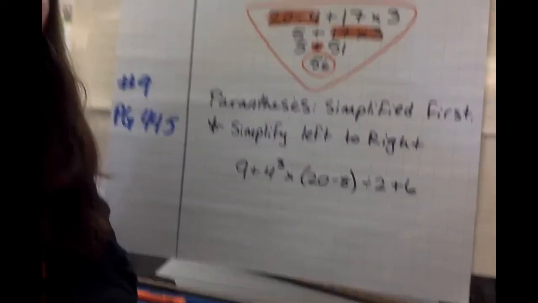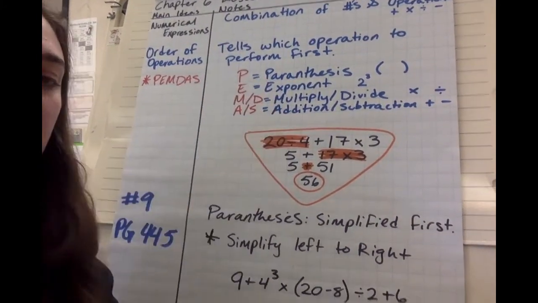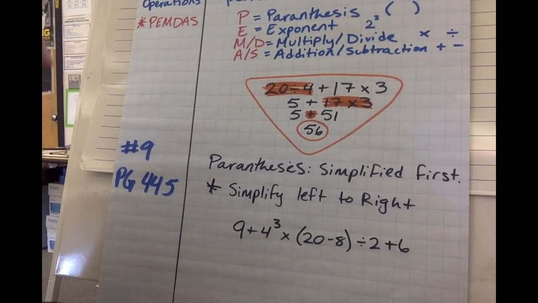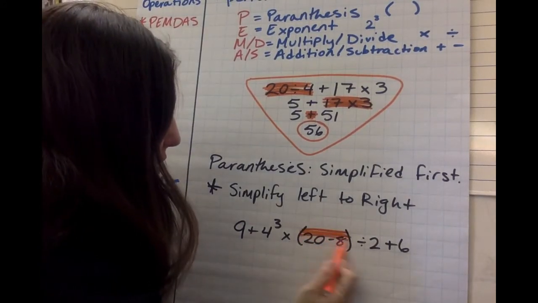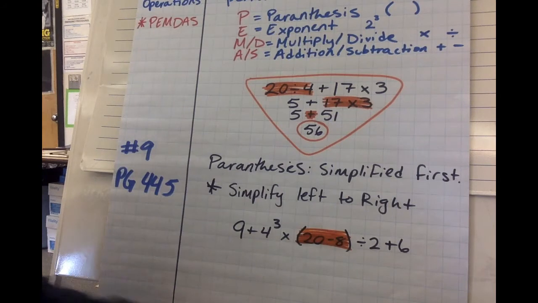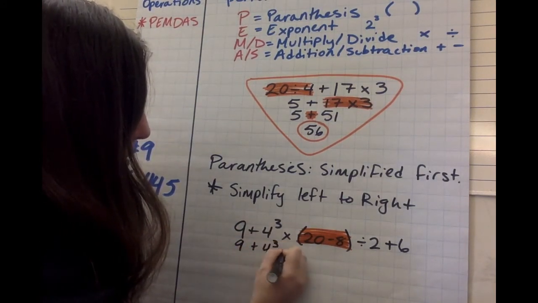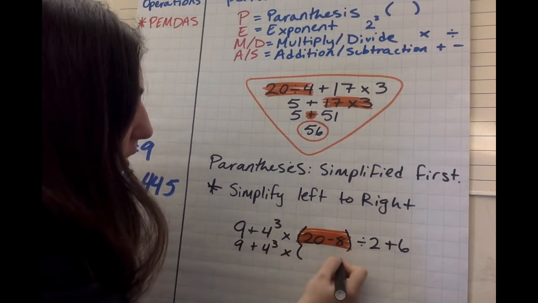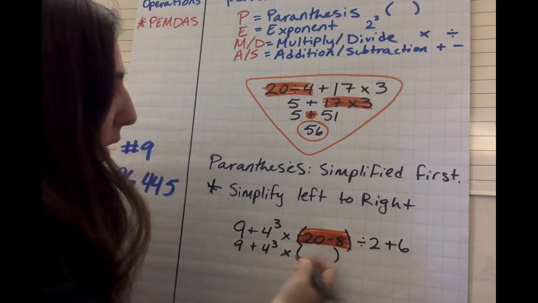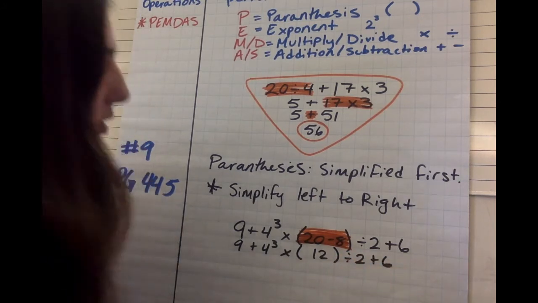My order of operations tells me that I need to do what's in the parentheses first. So that's going to be this. I'm always going to do what's in the parentheses first. I'm going to bring everything down, 9 plus 4 cubed times this, which is going to be 20 minus 8 is 12, divided by 2 plus 6.